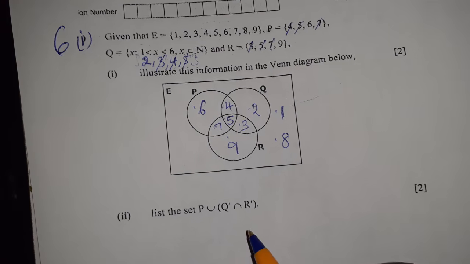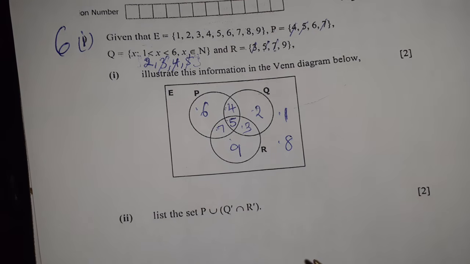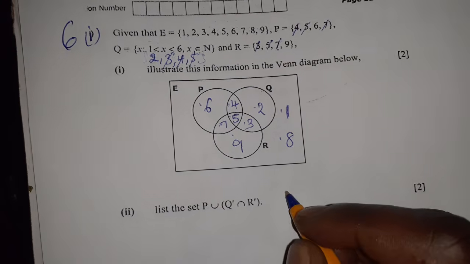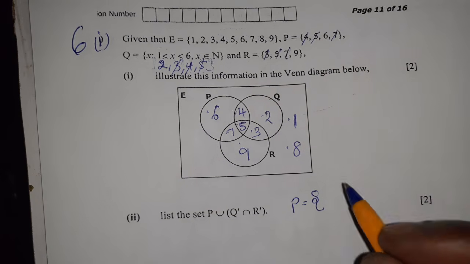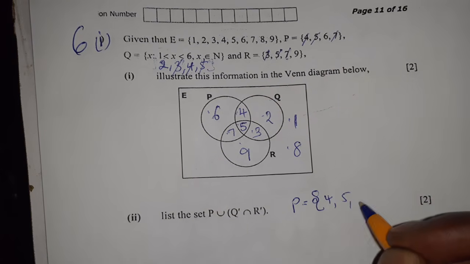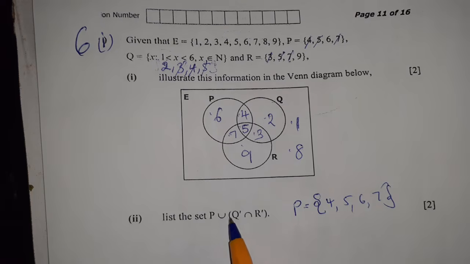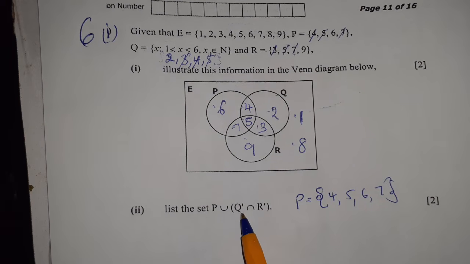I don't know the easier method that we can use, but we can first of all list the elements that are in set P. We know that they are already there, 4, 5, 6, and 7. Okay. Then now we have this other set here.